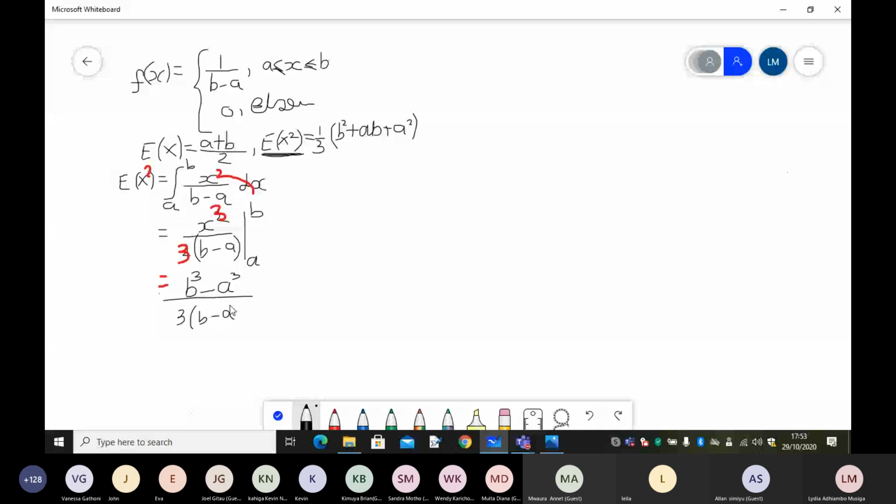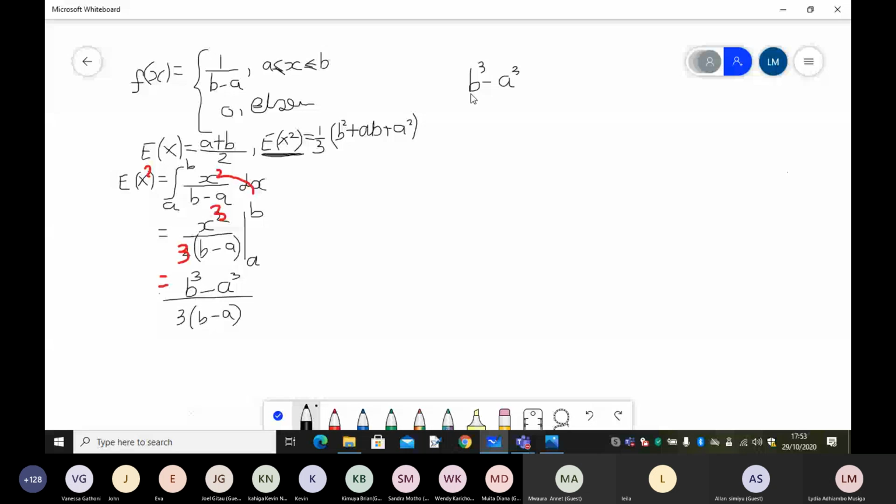So what do we do? We perform long division. So now I'm writing at the top on the right side, that is B cubed minus A cubed. We're just using all the type of maths that we know to show what is expected of us.